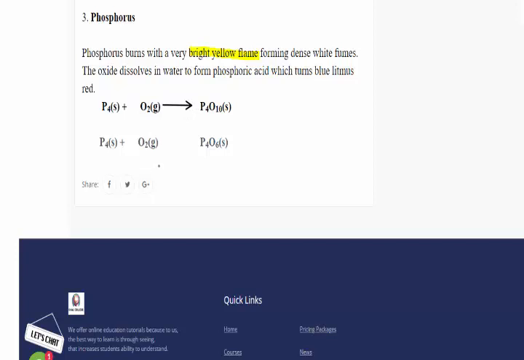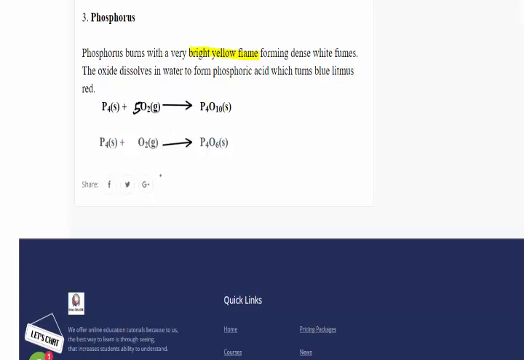phosphorus pentaoxide. You can see we have 2 oxygen atoms on the left hand side and 10 oxygen atoms on the right hand side. So what do we do to balance oxygen? You can balance oxygen by adding 5 in front of oxygen, so that the equation balances.